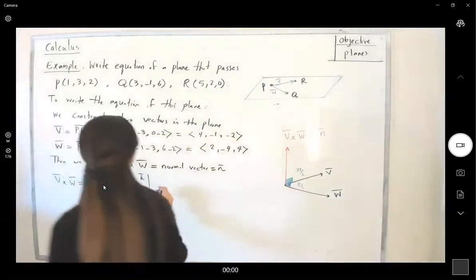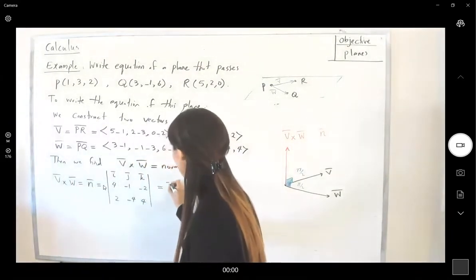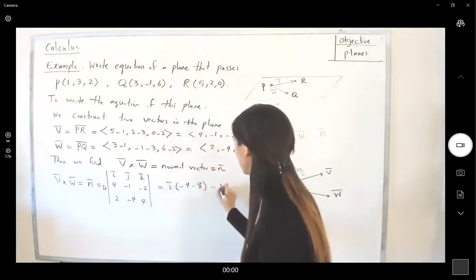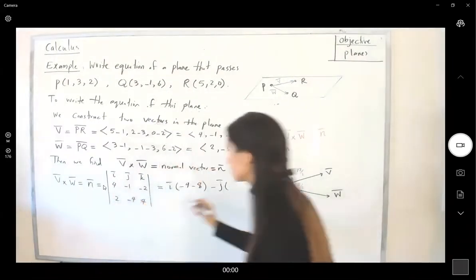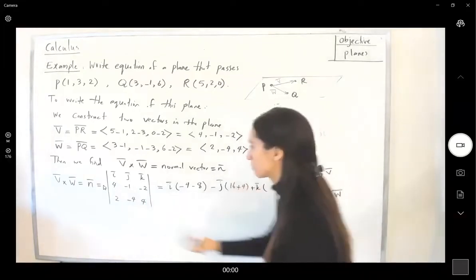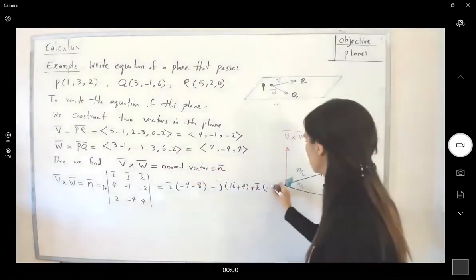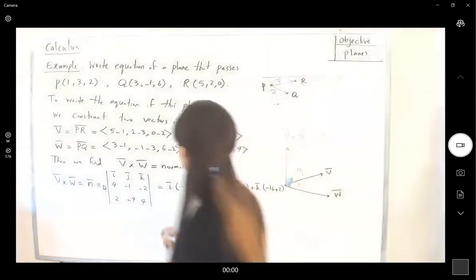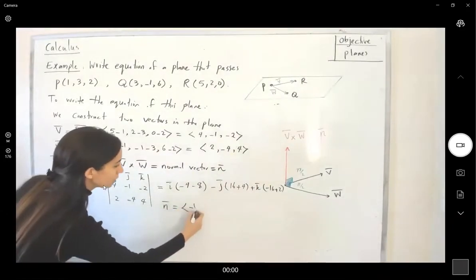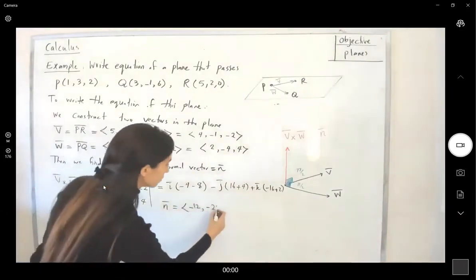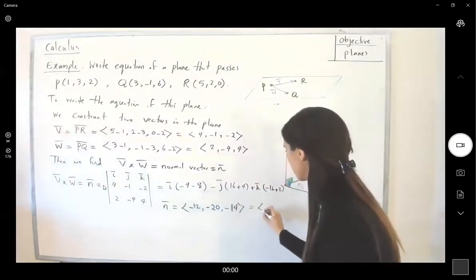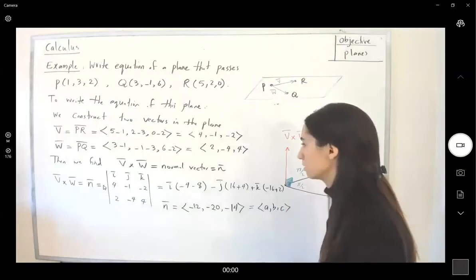The determinant is equal to I times (-4 minus 8), minus J times (16 plus 4), plus K times (-16 plus 2). So my normal vector is (-12, -20, -14).